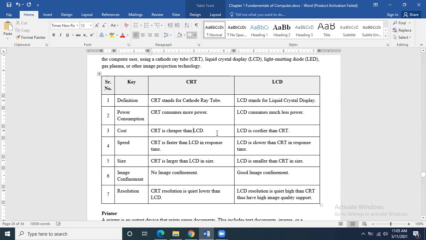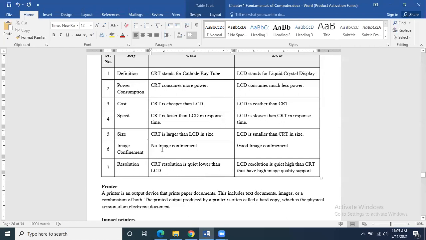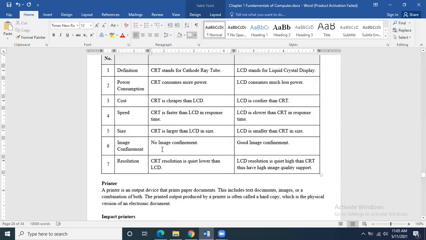The cost of the CRT is normally cheaper because it is now an obsolete technology. LCD is costlier than the CRT. The speed of the CRT is better, keep in mind. CRT speed and response time are better than LCD, but it does not mean that LCD speed is quite slow.